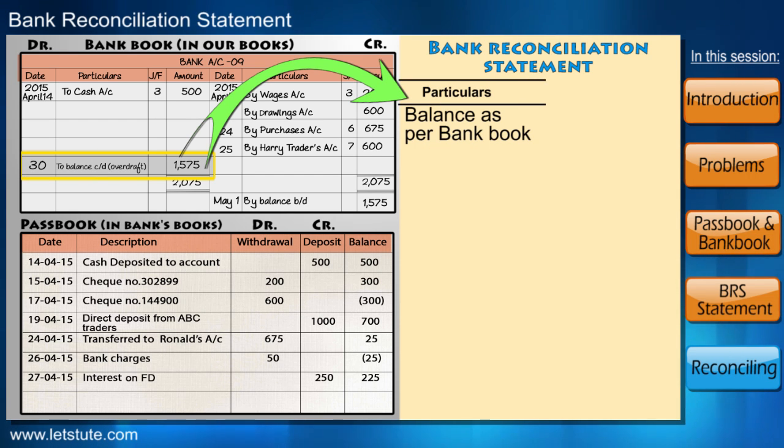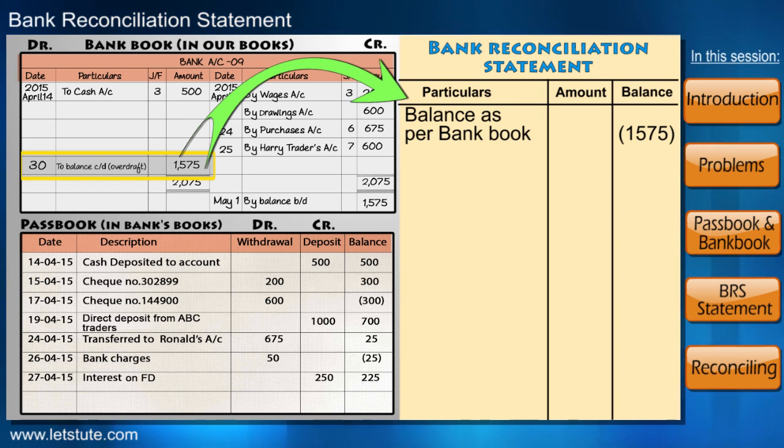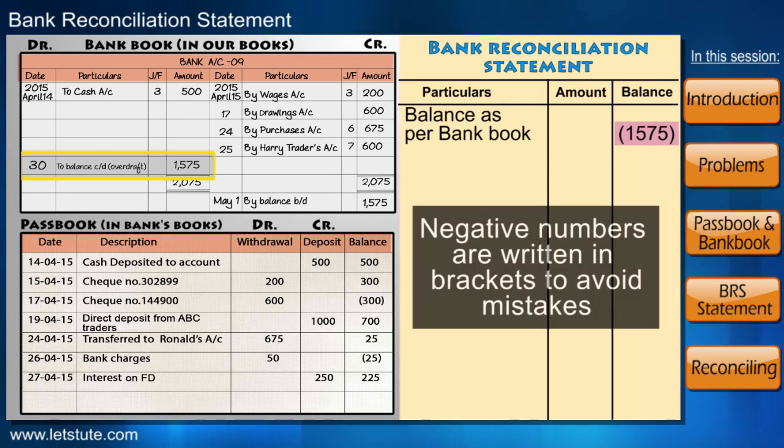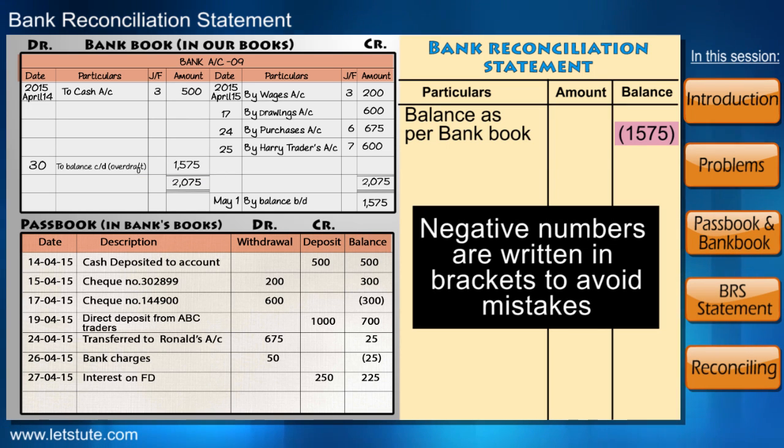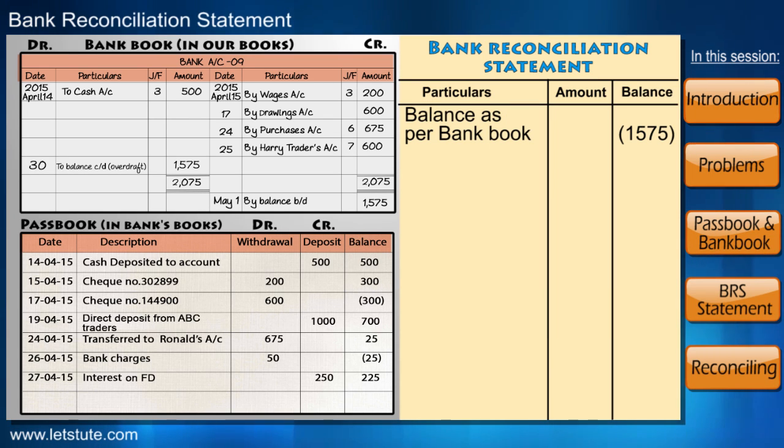We will write down the balance we have as per our bank book. That is a negative 1575. We generally write negative numbers in accounting in brackets instead of writing the minus sign, just for convenience and so that we can avoid any calculation mistakes. So we have to reach this balance 225, our point B, okay?